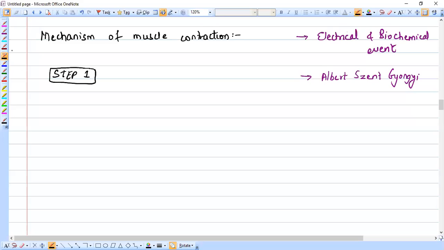Let me first draw a diagram for you that will help you to understand how things are going. We draw this covering, called the sarcolemma. Then we draw a Z line, the unit of contraction. Then we draw the actin filament.